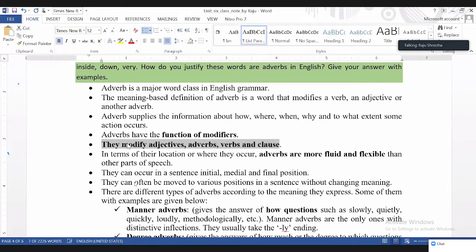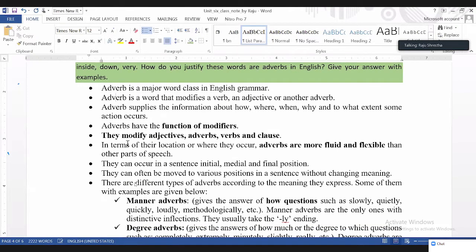So this is the function of adverb. Adverb is a major word class in English grammar. The meaning-based definition of adverb is a word that modifies a verb, an adjective, or another adverb.